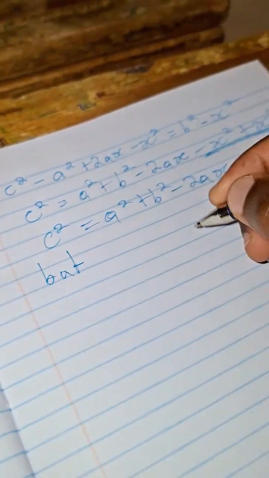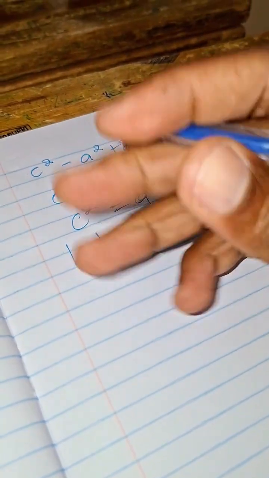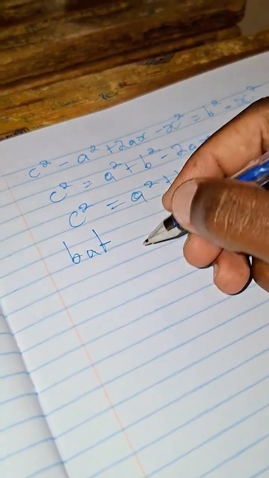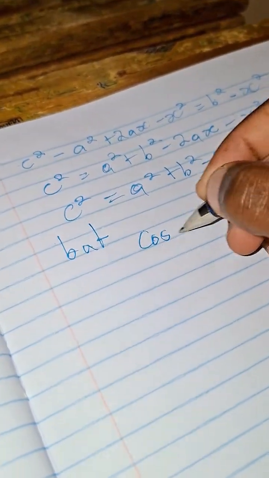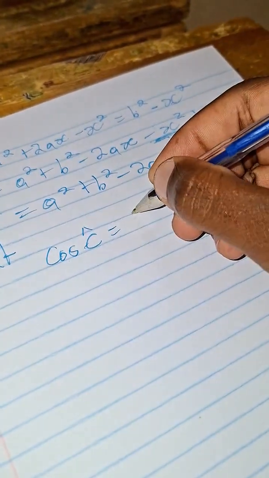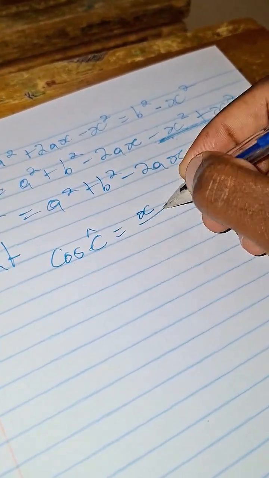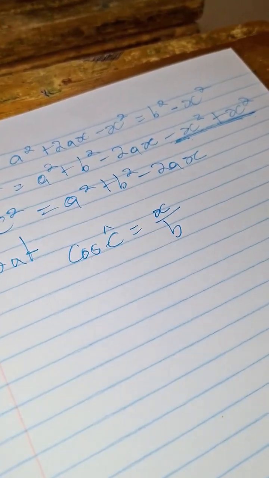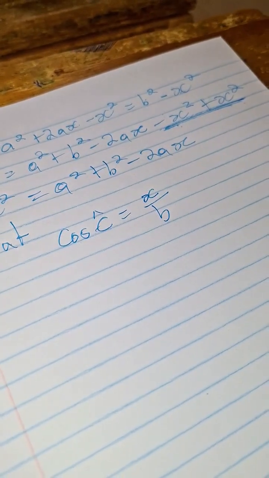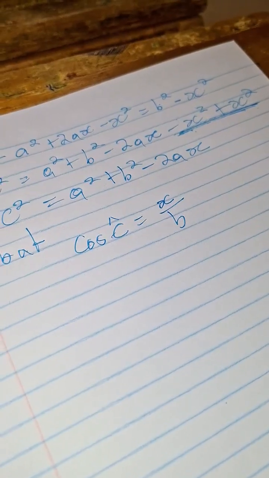So we can just say cos angle C equals x divided by b. Let's solve for x. We're going to multiply both sides by b in order to get x alone.